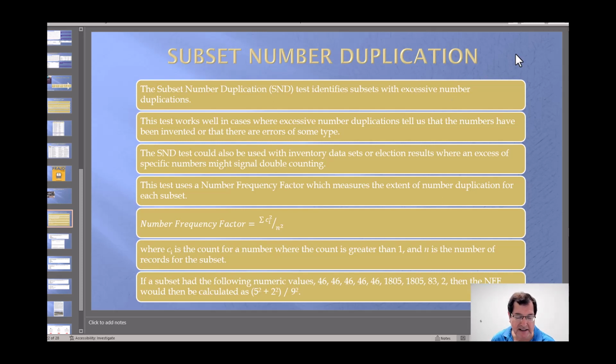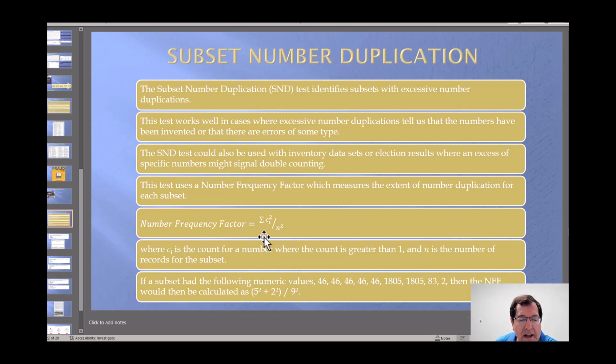This is the last test for looking for abnormal duplication in the chapter. And this is my formula called the subset number duplication test, SND. What we do is we try and quantify the amount of duplication in a subset. And we're looking for cases where we have subsets with lots of duplication, and we're interested in cases where lots of duplication is an odd phenomenon.